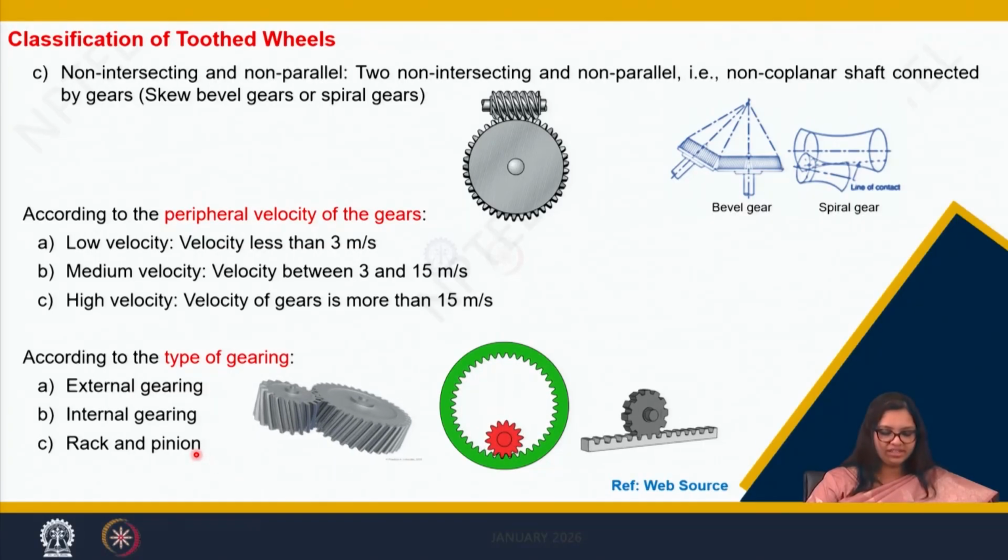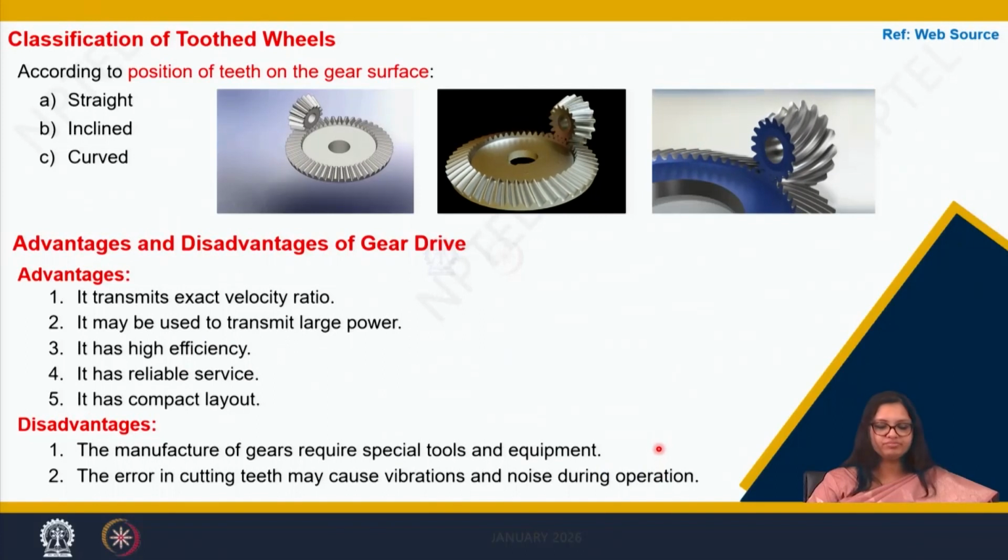And there is a third category which we call a rack and pinion. In rack and pinion, you can see there is a pinion which has a rotary motion, and then there is a rack which has the translatory motion. So this kind of configuration helps us in converting rotary motion into translatory motion or vice versa.